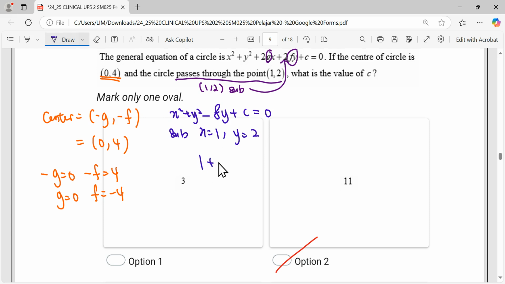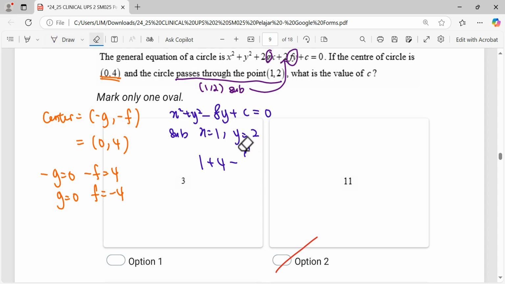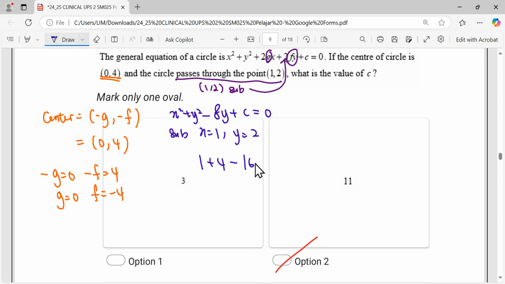Substitute inside: 1 plus 4 minus 8 times 2, then plus c. Then you can get your c here, which is 11. So here we have our option.